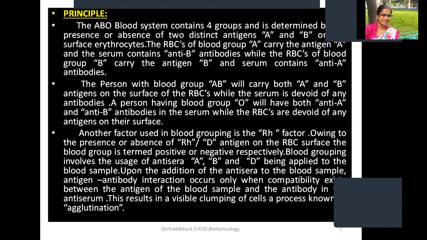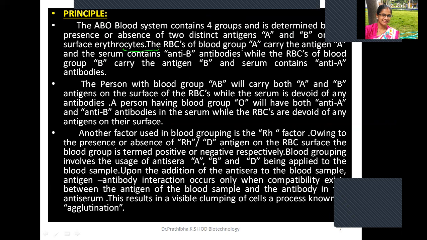Here I mentioned the ABO blood group system contains four groups and is determined by the presence or absence of two distinct antigens. What are those distinct antigens? A and B antigens, which are present on the surface of erythrocytes, right?